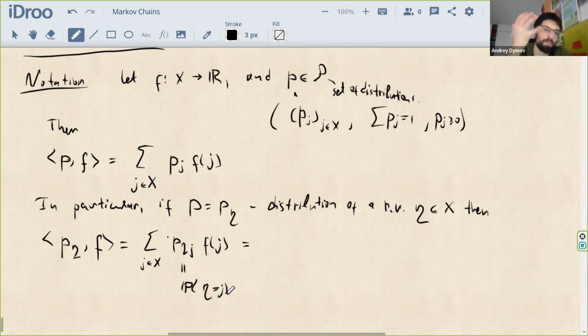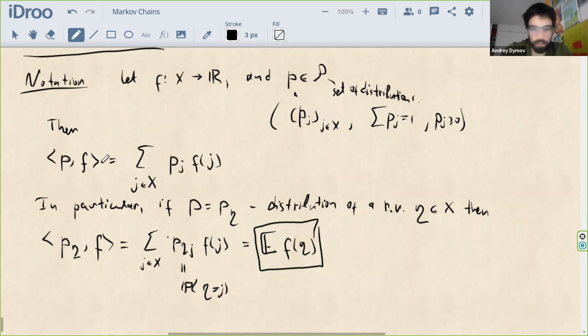The components of the distribution vector of a random variable are the probabilities that the random variable takes the corresponding values. So I sum the probabilities times the values of the function computed at this state j, and this is by definition the expectation of f of eta.